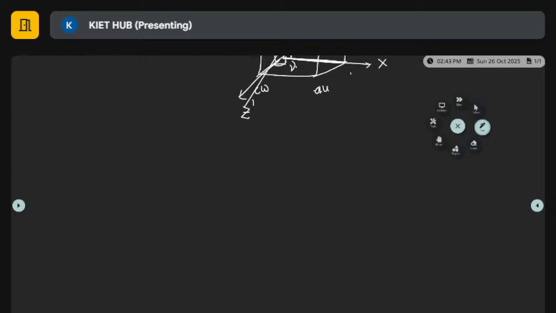Okay, what is lattice form? His turn, not your turn.